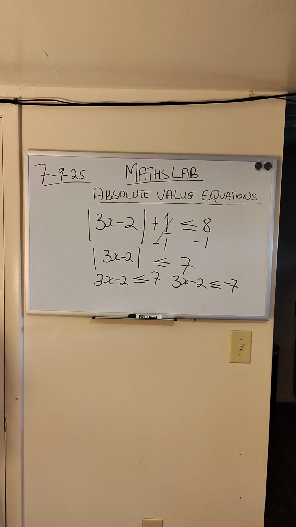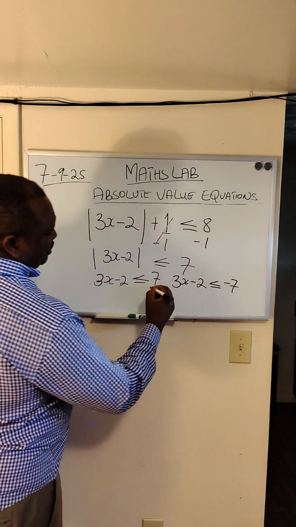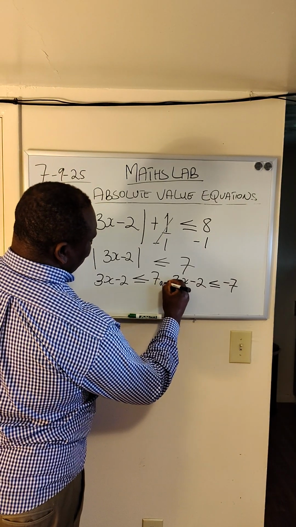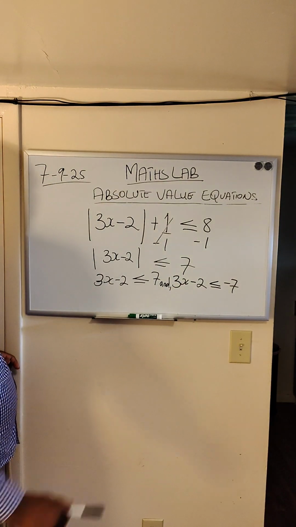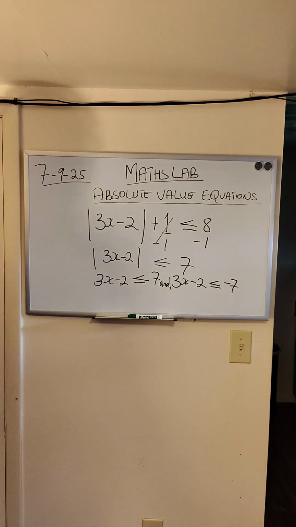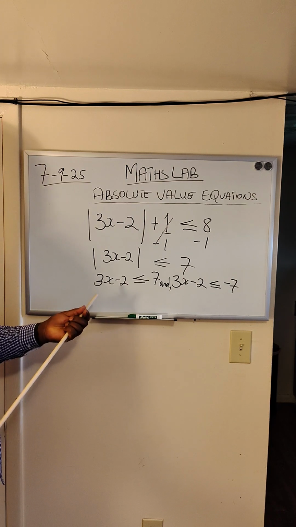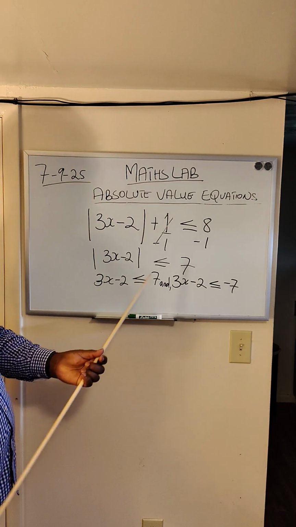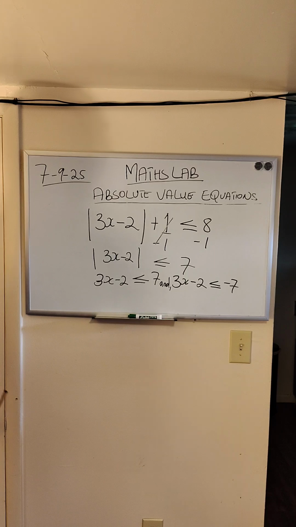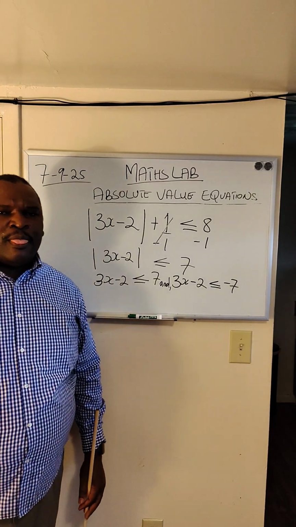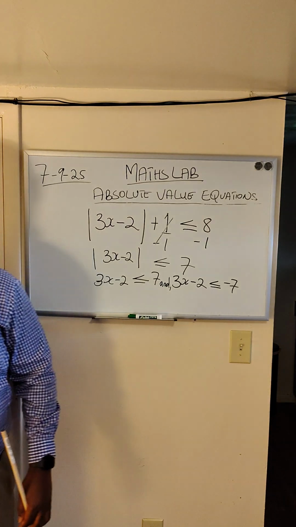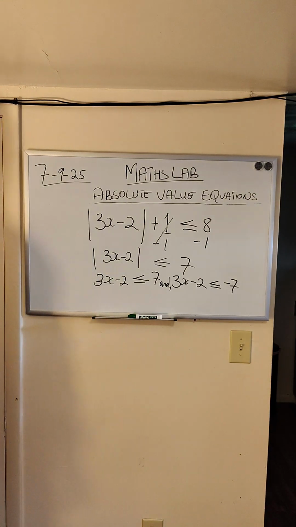You can see the difference. Remember, for you to get it correctly, you have to put "and", so you're giving two answers. You write 3x minus 2 is less than or equal to 7, and then you put "and" 3x minus 2 is less than or equal to negative 7.